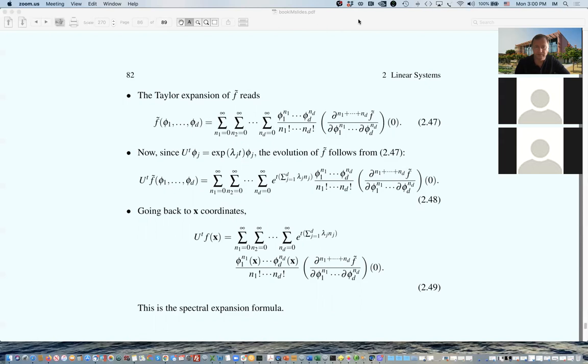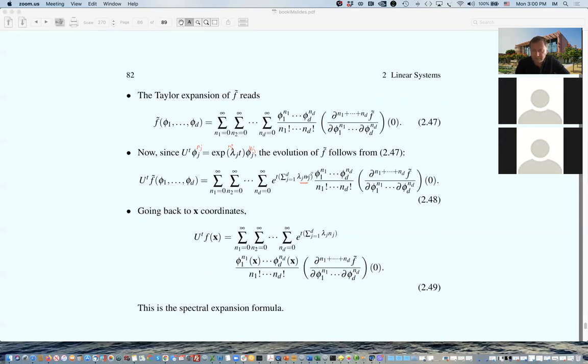So let me actually combine this a little bit and say, if I put n_j on top here, then I'm going to get e^(lambda_j t) to the power n_j, which just multiplies this lambda_j here with n_j. So that's how we get these terms, lambda_j's, n_j's. And then I have to put n_j here.